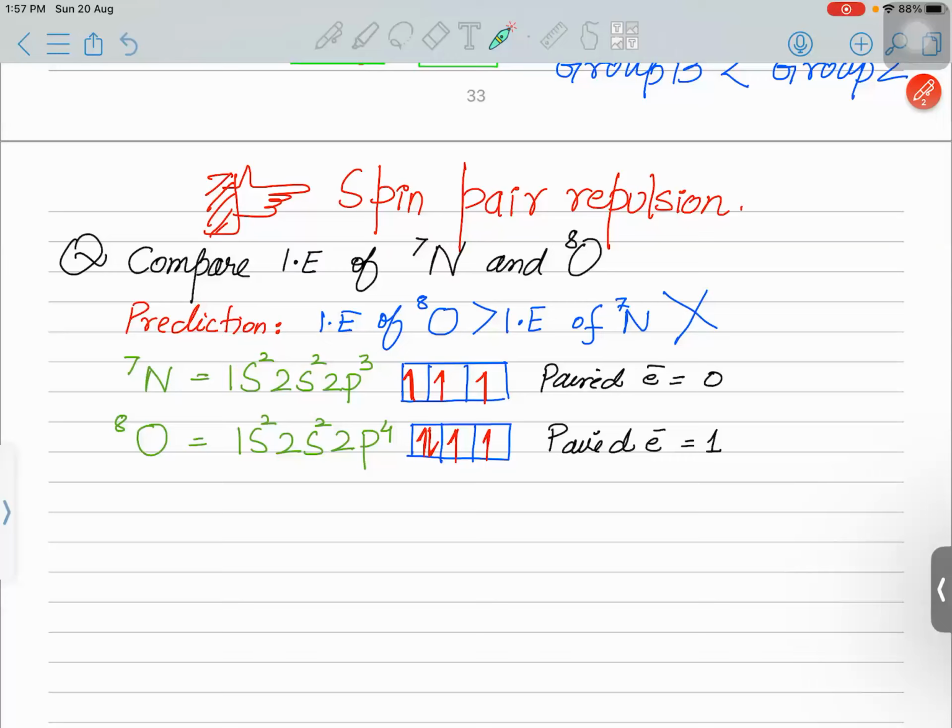Oxygen has one paired electron, and paired electrons repel each other. They have negative charge, so they already repel each other, so it is quite easy to remove one electron. Ionization energy means removing one electron. Are you getting my point or not? Yes, sir, I got it. Alhamdulillah. What about Zaina? What is your opinion? Which one has more repulsion?